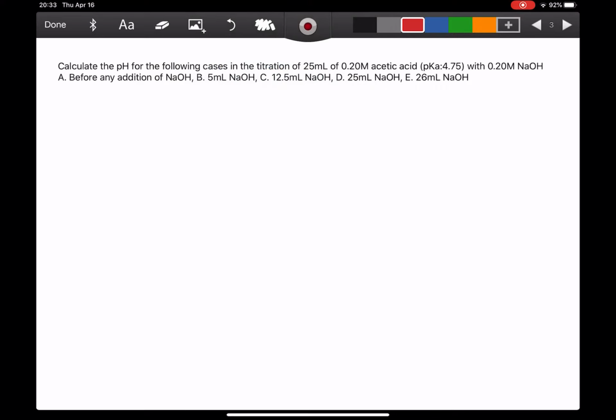B, now we're adding 5 milliliters of NaOH. So the first step here is going to be to find out the number of moles or millimoles of sodium hydroxide. So we have 5 milliliters of sodium hydroxide, and the concentration is 0.2 molar. If we multiply this together, we're going to find out that we're going to have 1 millimole, and this is going to end up being the conjugate base, which would be acetate in this case.